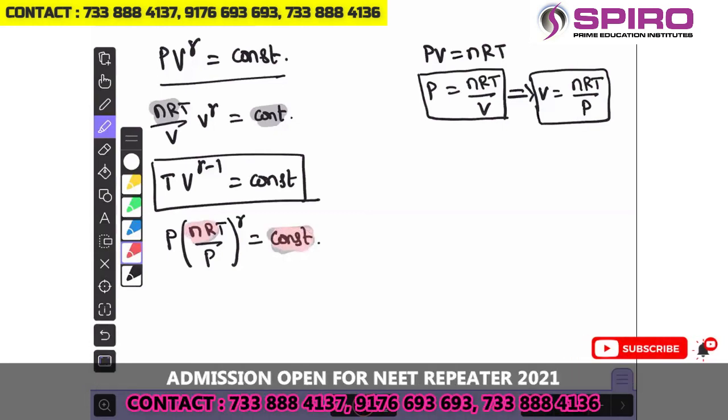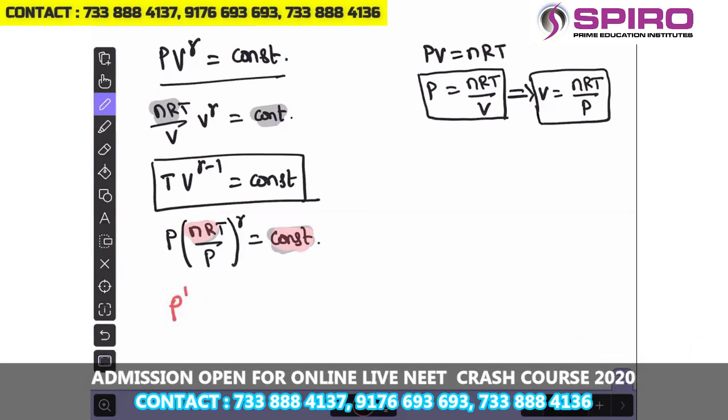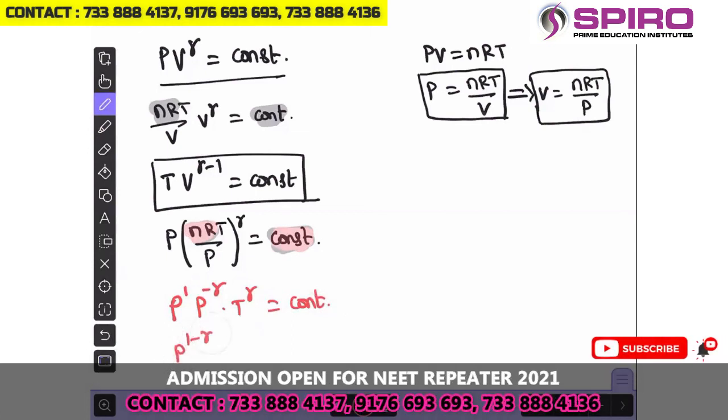So now this can be remodified and written in a convenient form as P into P power minus gamma into T power gamma is constant, right? So P power 1 minus gamma into T power gamma is constant.